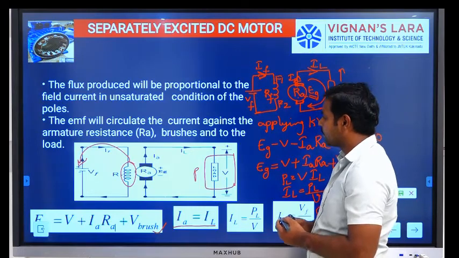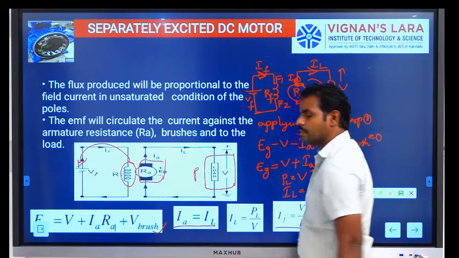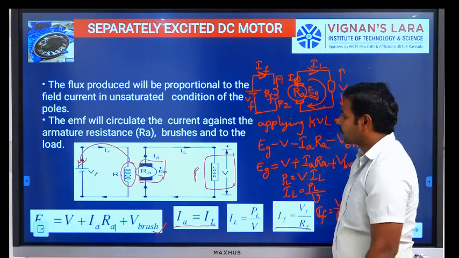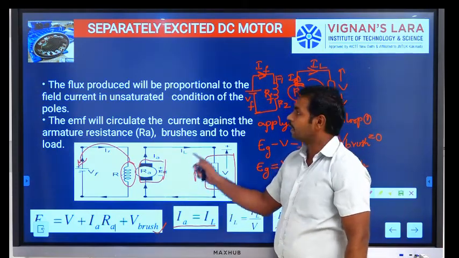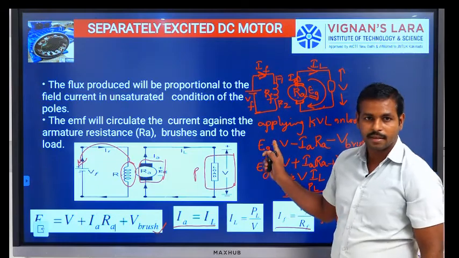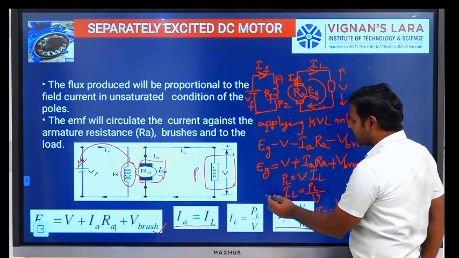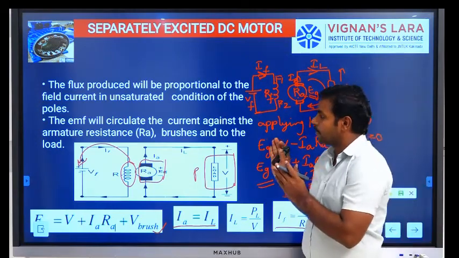Another thing is, these field poles are completely unsaturated. Such type of poles exist only in separately excited DC generators. These are very important.